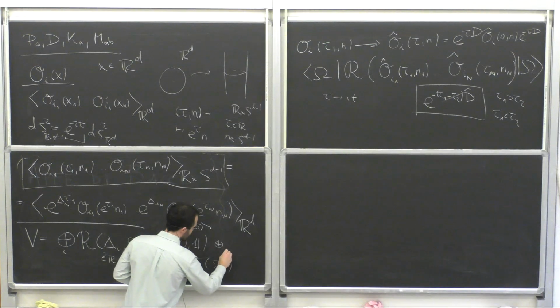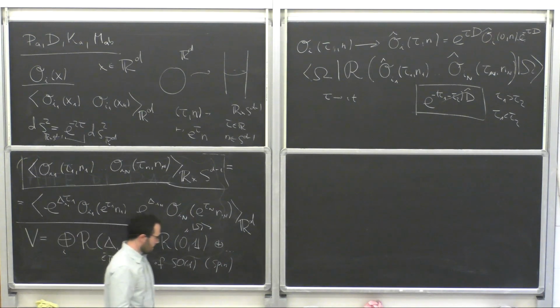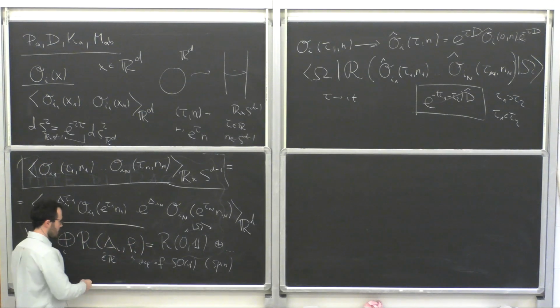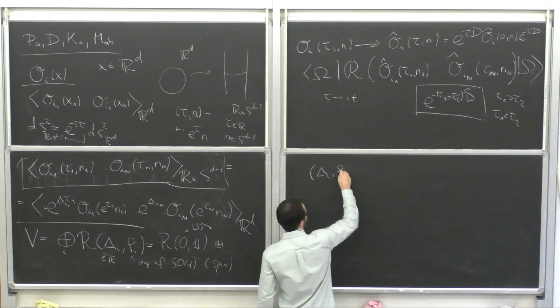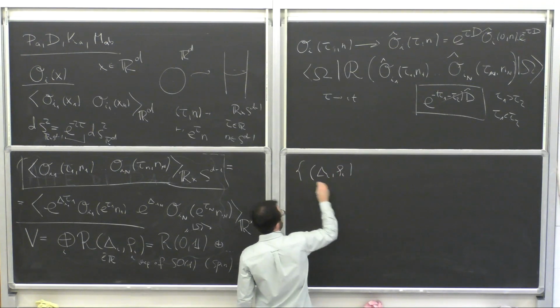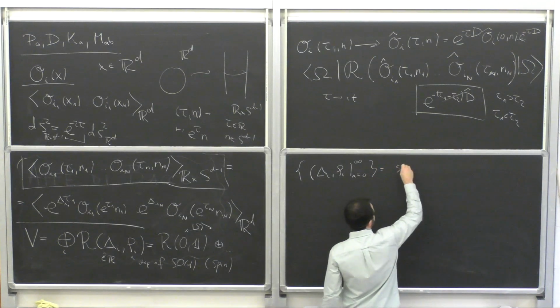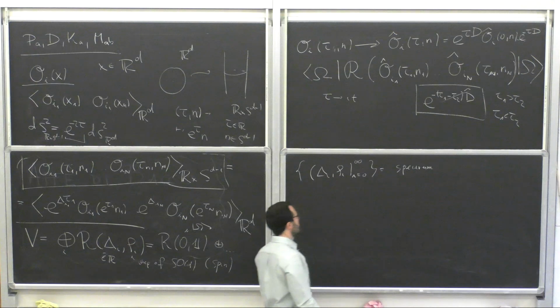And then there's an infinite sum of irreducibles later on. So every conformal field theory comes with its spectrum. This is the set of deltas and rhos, the spectrum of the theory, the spectrum of local operators or states on a cylinder.